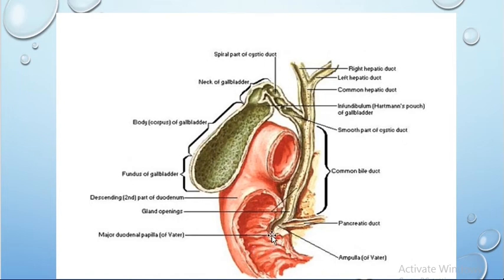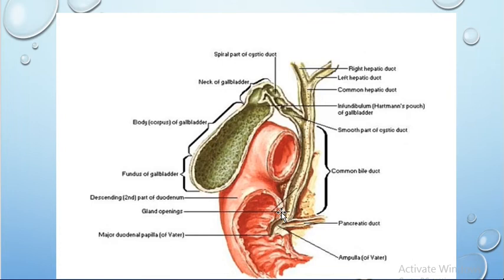If any stone obstructs here, or any pathology, any cancer like cancer of the head of the pancreas which obstructs the pancreatic duct, any stone which obstructs the common bile duct or the cystic duct, or any pathology which causes stenosis of the common hepatic duct, they all lead to what? Post-hepatic jaundice, or you can call it obstructive jaundice.